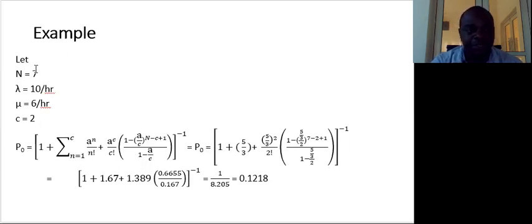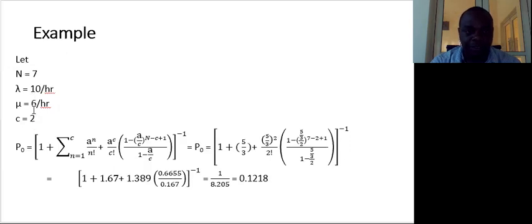When we substitute the values for all of these parameters, we'll have P naught equal to 1 plus 5 over 3 plus 5 over 3 all squared over 2 factorial. Here, A is equal to lambda over mu, which is 10 over 6.